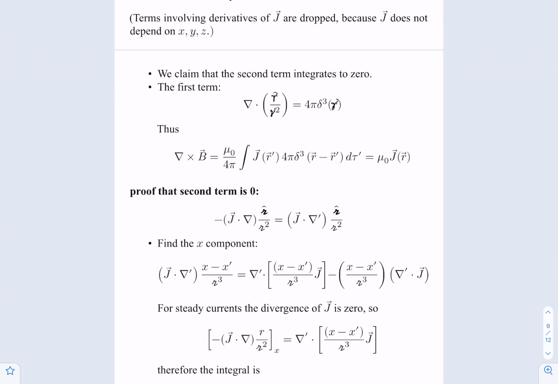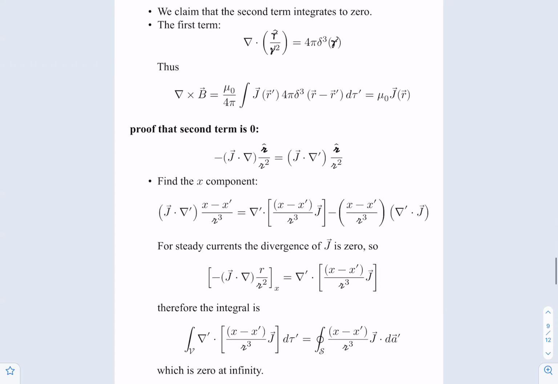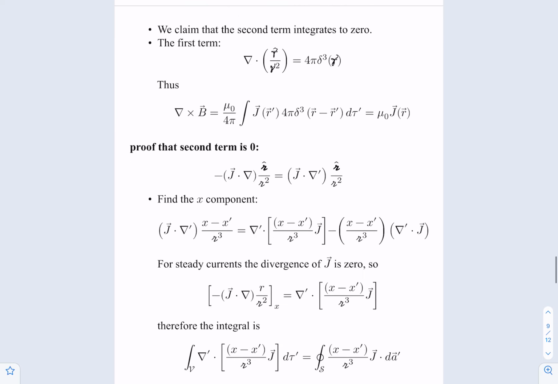Then what we have left is to prove that the second term here equals 0. The first step to prove this expression is 0 is to rewrite this del in terms of del prime.